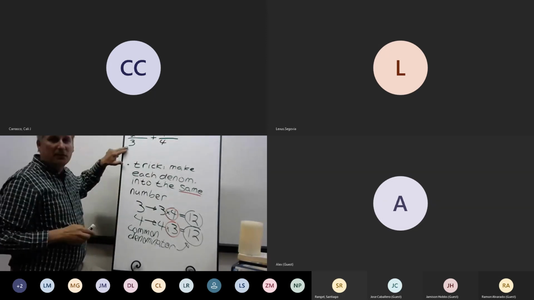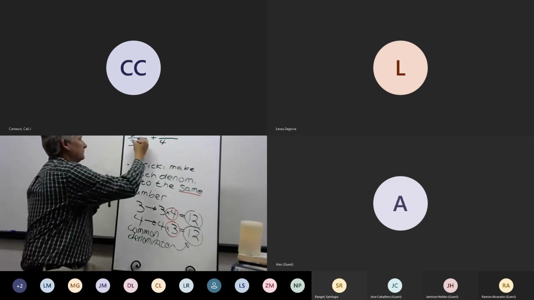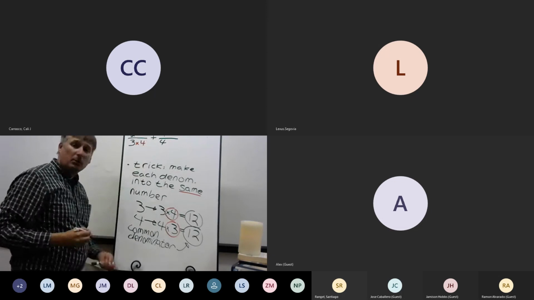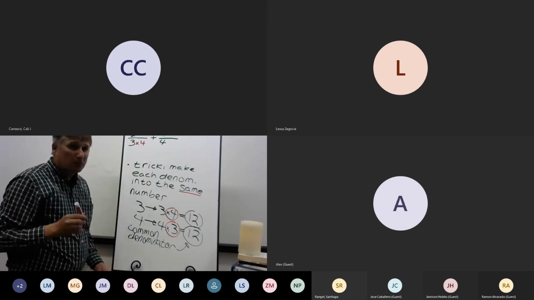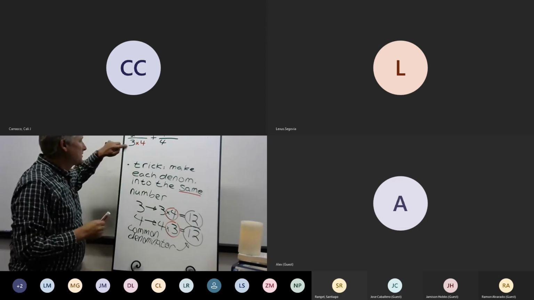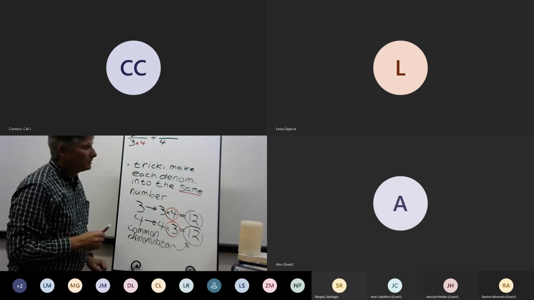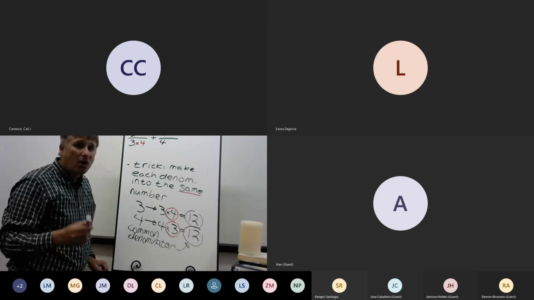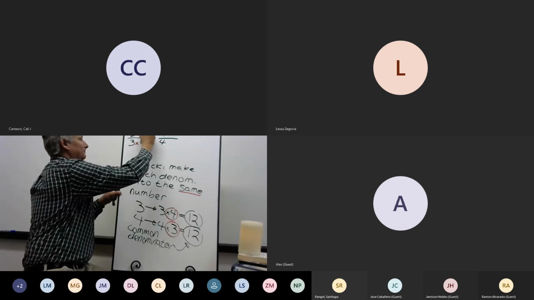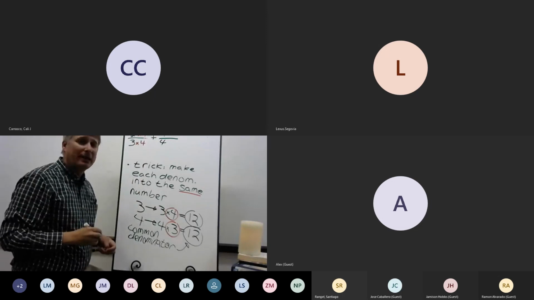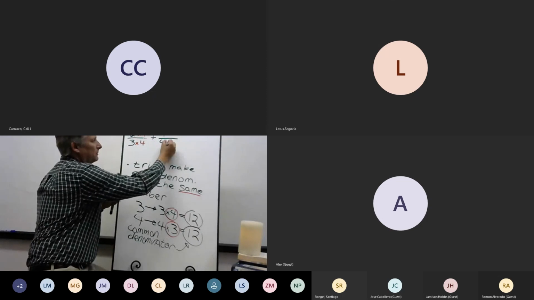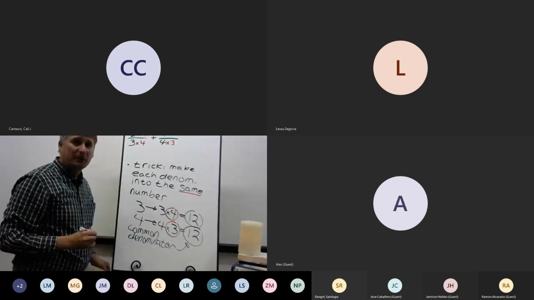So to turn this into 12, I'm going to multiply by 4. But remember our rule with multiplying and dividing when it comes to the top and bottom number. What we do to the bottom, we also have to do to the top. That's an ironclad rule. Same here, to turn 4 into 12, I multiply by 3.